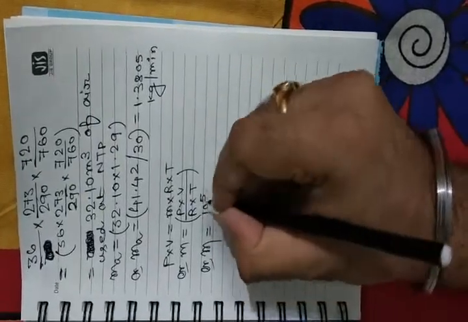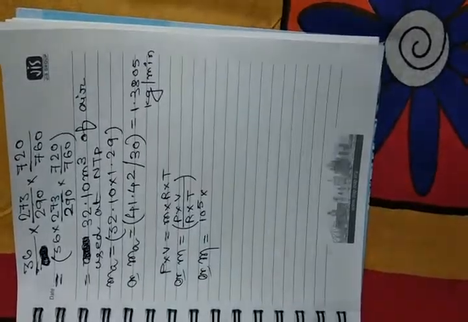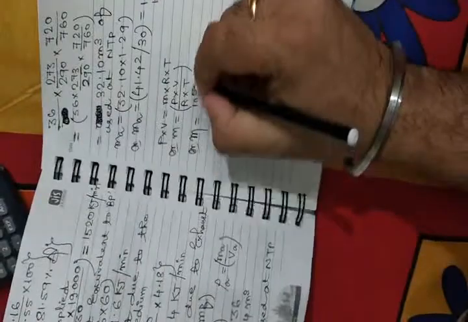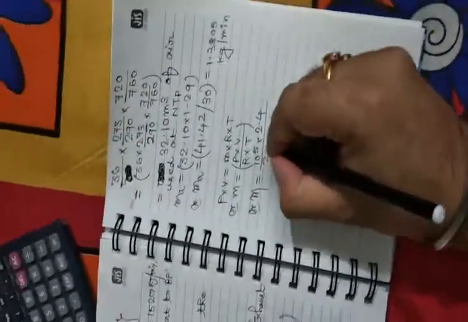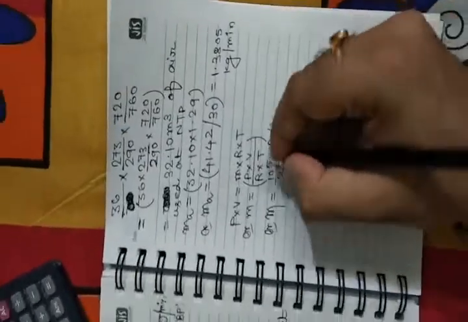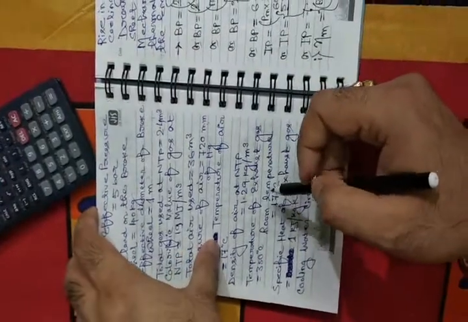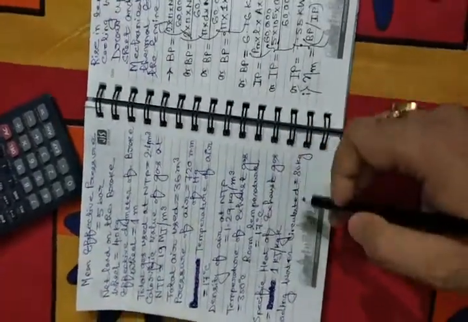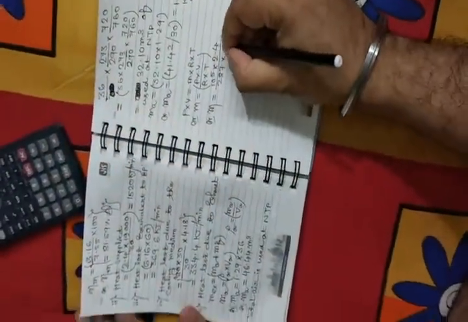V is at NTP, volume of the gas is 2.4 meter cube. So 2.4 divided by 287. Temperature will be here as 273 because standard temperature.